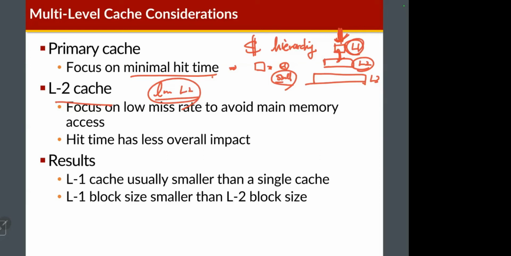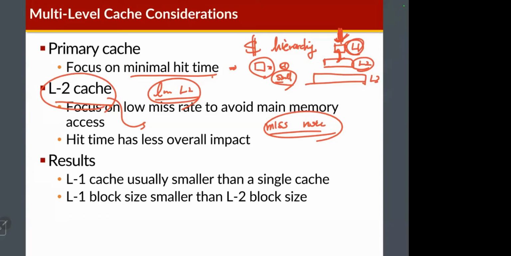When we configure the L2, the main purpose of the L2 cache is to reduce the miss rate. For L1 we want a fast cache, but for L2 the hit time may also be important, because the hit time of the L2 cache is the miss penalty of the L1 cache.